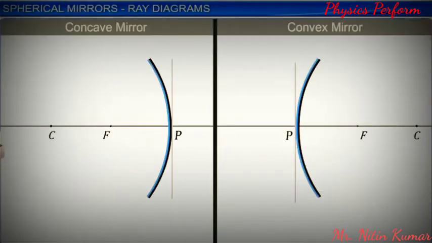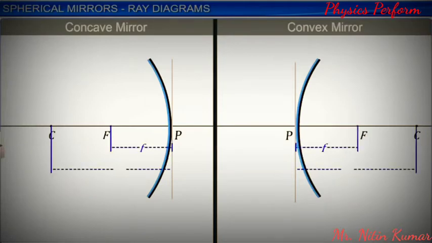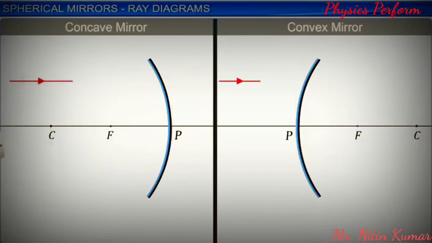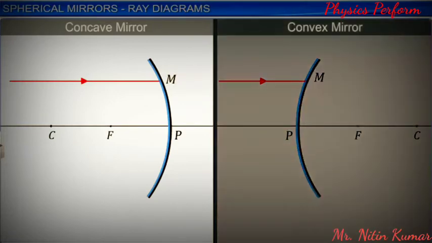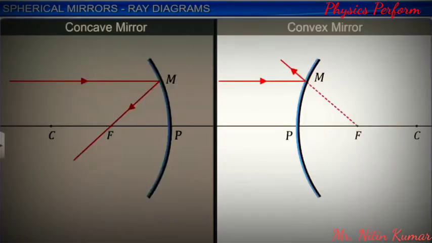Now let us derive a relationship between the focal length f and the radius of curvature R of a mirror. Consider a ray of light parallel to the principal axis incident on the mirror at a point M. We know that the ray of light after reflection passes through F in the case of a concave mirror and appears to diverge from F in the case of a convex mirror.